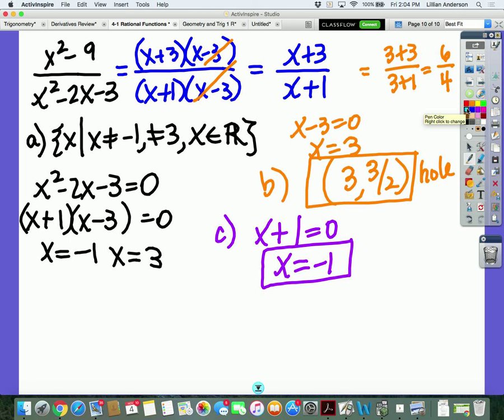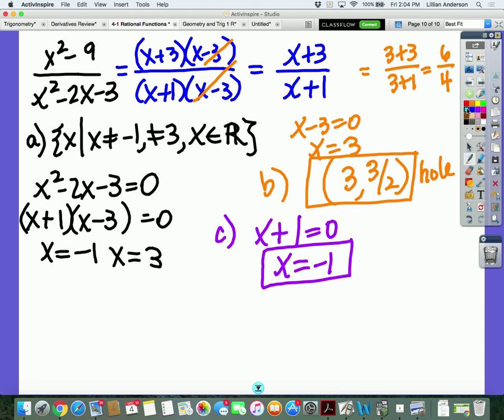That's vertical asymptotes, that's holes. Okay, so that was my bad for saying that earlier. That's why I was like, let me do another one. So in this particular case, we didn't have two vertical asymptotes. We had a hole and a vertical asymptote. A hole at 3, 3/2, and a vertical asymptote at -1.